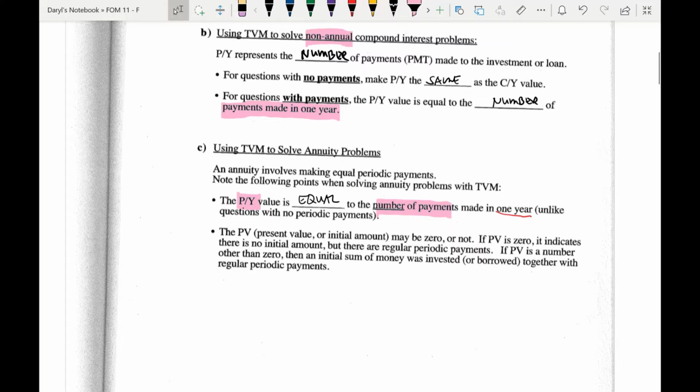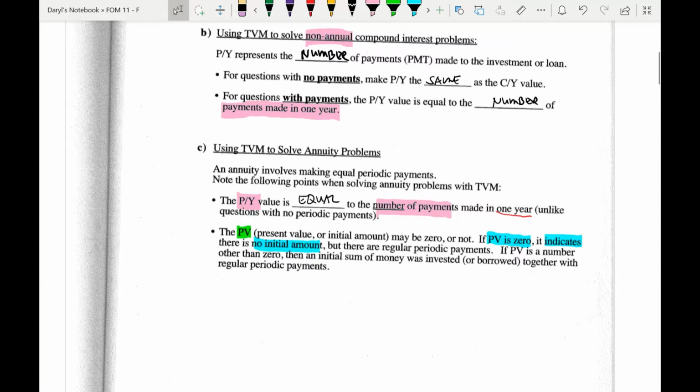Unlike questions with no periodic payments, the PV, or the present value or initial amount, may be 0 or not. If PV is 0, it indicates there is no initial amount, but there are regular periodic payments.